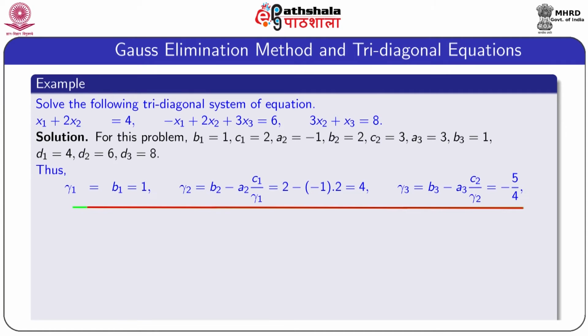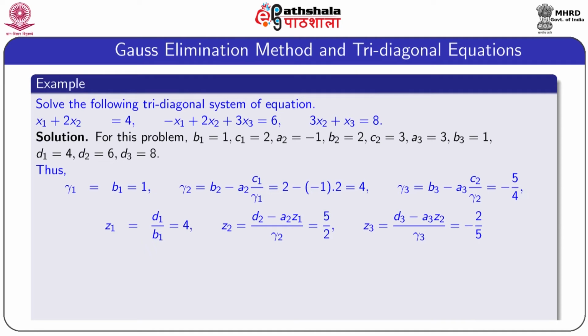Thus, gamma 1 equal to b1 equal to 1 by definition of gamma 1, gamma 2 equal to b2 minus a2 into c1 by gamma 1, equal to 2 minus minus 1 into 2, equal to 4, and gamma 3 equal to b3 minus a3 into c2 by gamma 2. After simplification, this becomes minus 5 by 4.